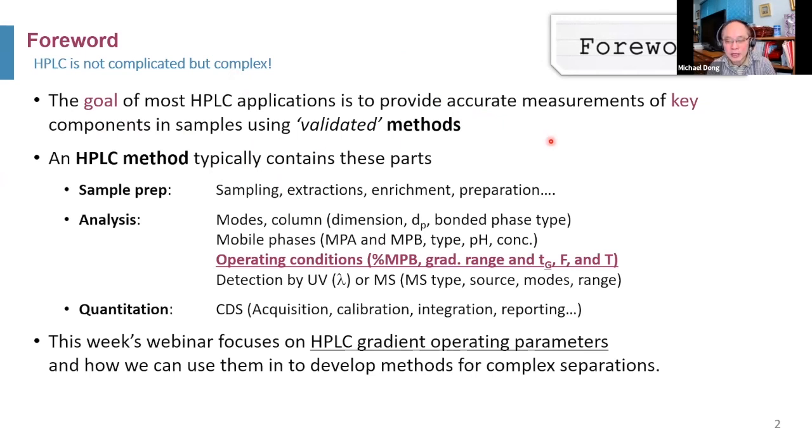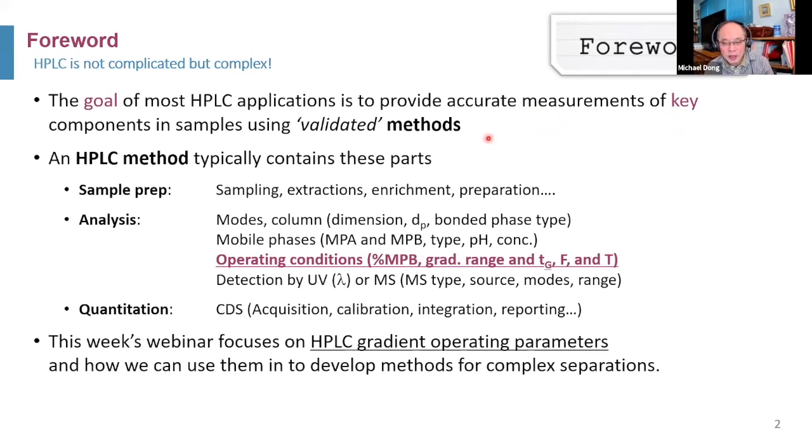Why do they do HPLC? I've been commenting on what key component means, right? If you are doing potency, just one thing, then your key component is just your API or active pharmaceutical ingredient, the main component. If you're doing a simple mixture, then the two components in the mixture are what you're looking for.